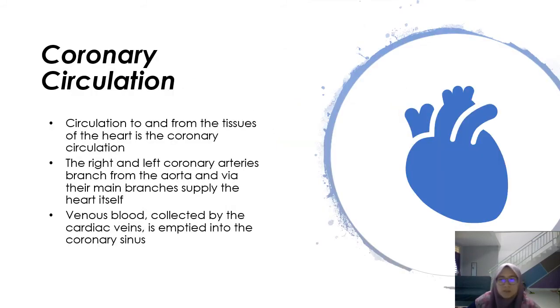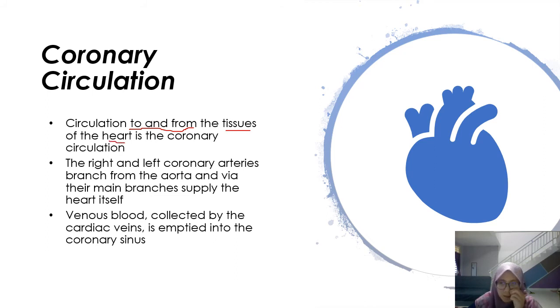There is another circulation that happens at our heart, which we call coronary circulation. What is coronary circulation? It is the circulation to and from the tissues of the heart.